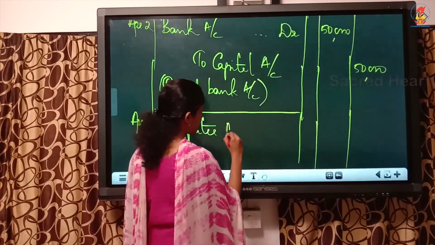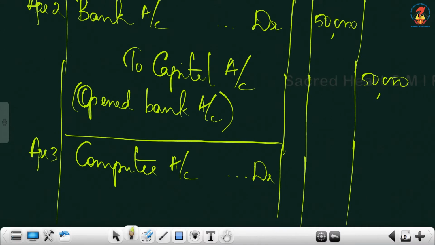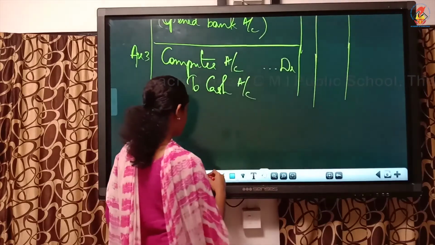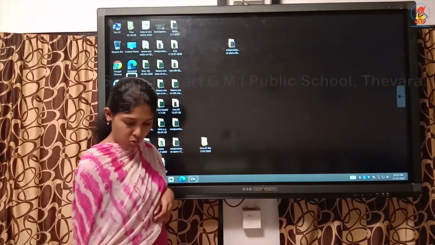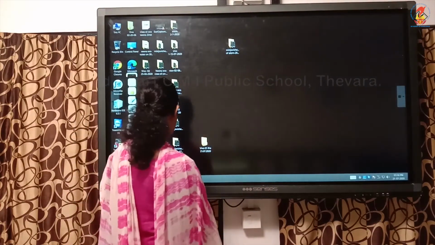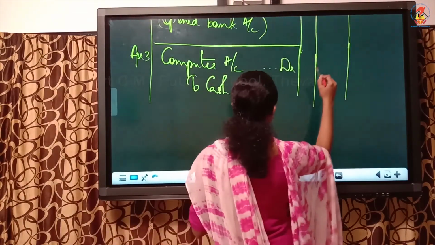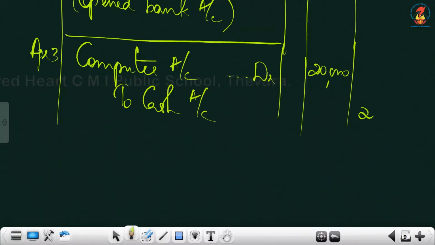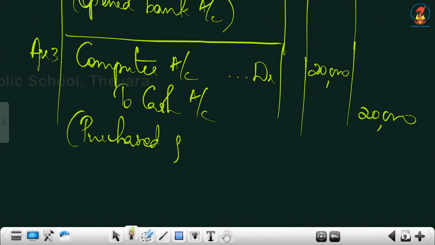So computer account debited to cash account. The amount is 20,000. Write the narration and then you draw a line in the particulars column.